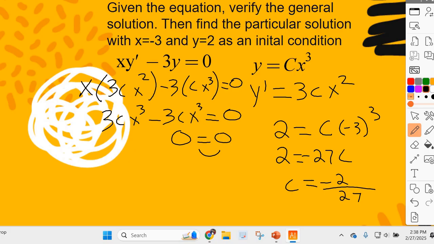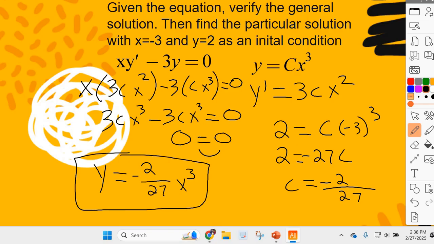Agreed? Is that my final answer? No, we said that our solutions for these are equations, which means we need to plug that back into our equation. I also had some people that forgot to do that on some of our tests. So remember, once I solve for my C, you have to plug it back in.